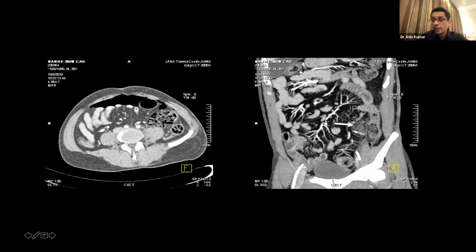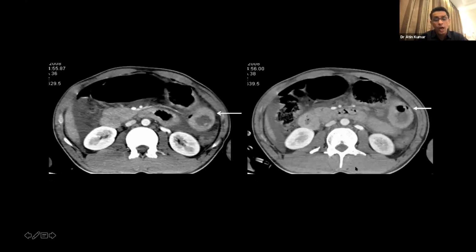In this case, we were lucky enough to see the most positive sign of bowel injury, that is discontinuity of one of the walls of the bowel, in which the bowel content was seen to leak into the mesentery. So this was a classical sign of a bowel injury. However, we are not so lucky, as I'm showing you in this case.